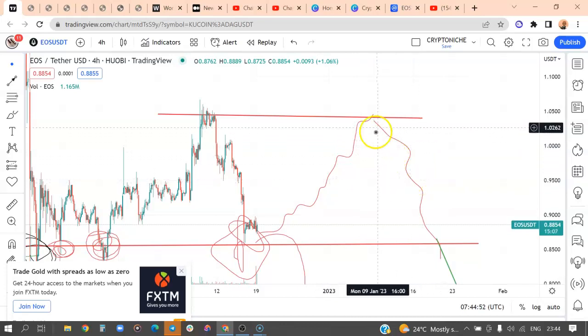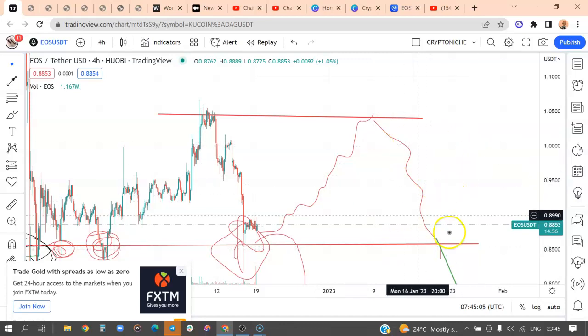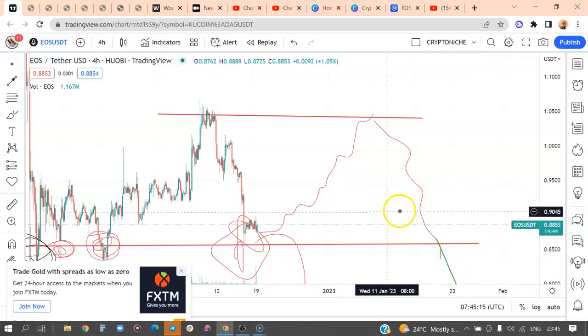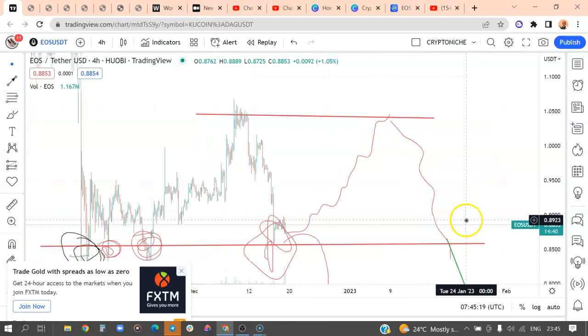Of course, I believe this is going to go short, because there's going to be a lot of massive sell pressure on EOS. Once you add to your short position and it gets to maybe 0.9, you're going to be in massive profits. That is pretty much how it works.